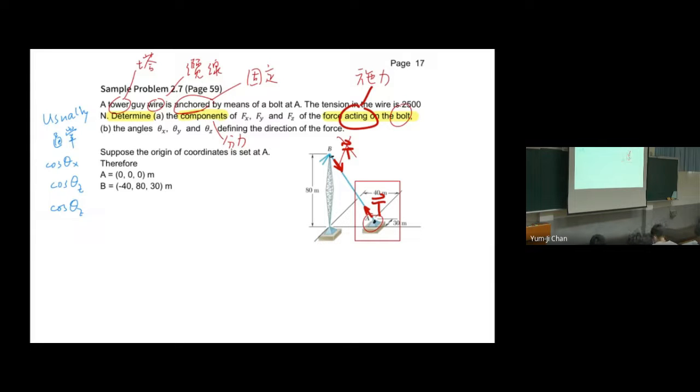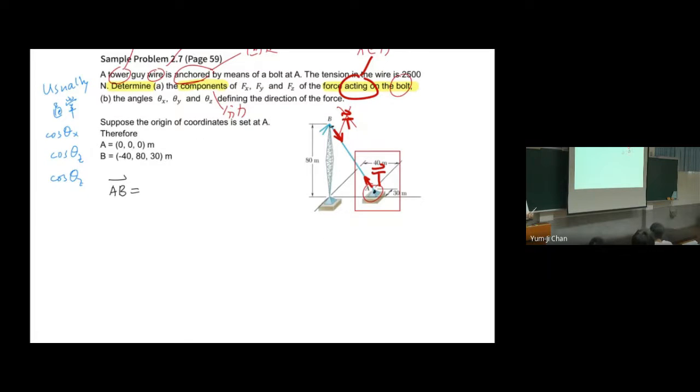Therefore, the direction of the force is in the direction of A to B. And the direction from A to B is defined by this vector.